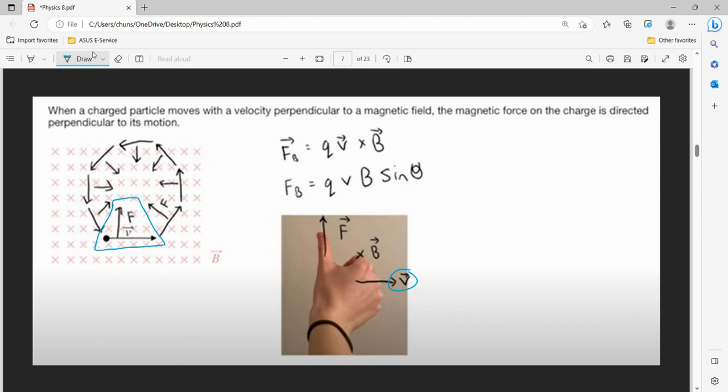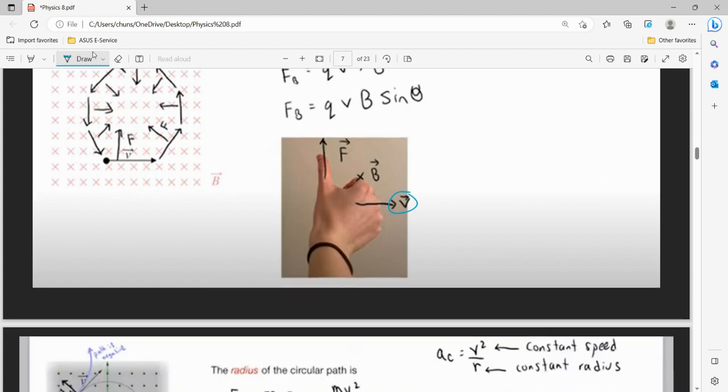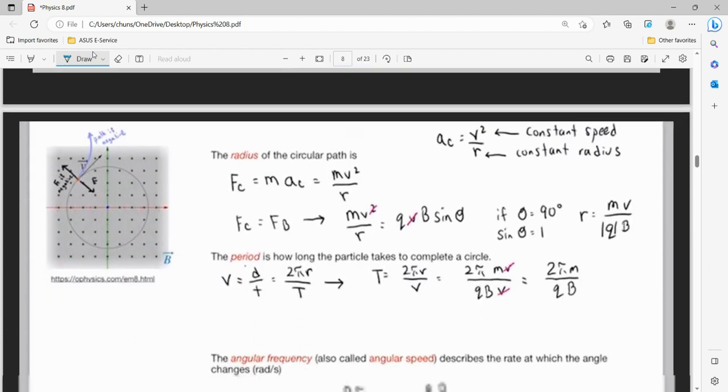Now, if we start at this section here, we see that it would also point up relative to the direction of travel here. If we do that continuously until it forms a circular pattern, we see that the force always points inwards. So the magnetic force on the charge is directed perpendicular to its motion. So it's always going to be perpendicular relative to the motion of travel. That's what it would look like in a circular motion.